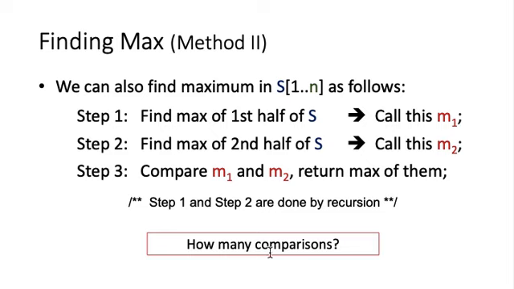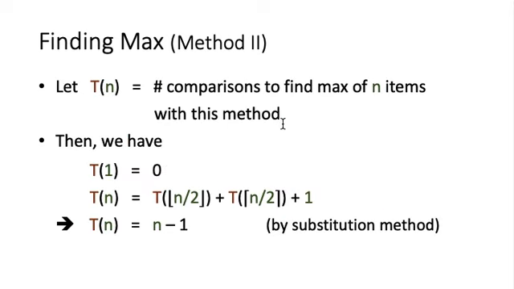So how many comparisons are there if we are using this method? Let us analyze it by defining T(n) to be the number of comparisons to find the max of n items using this method 2. When we have just one item, we don't need any comparison at all, so T(1) is equal to 0.